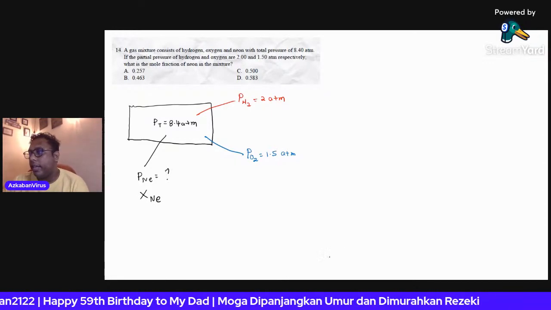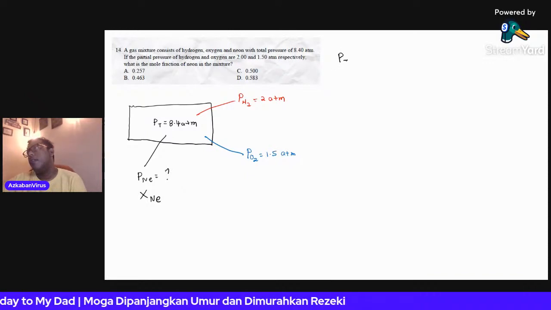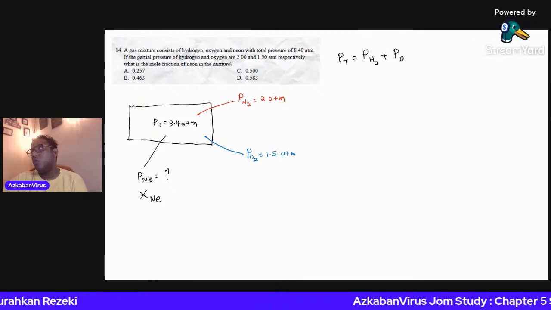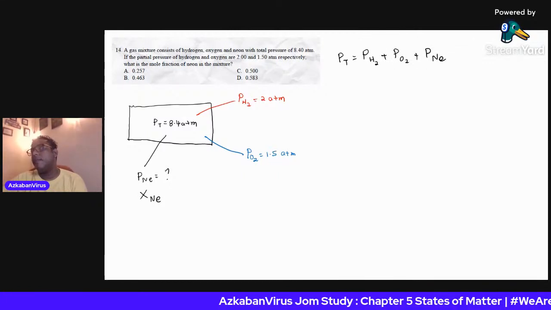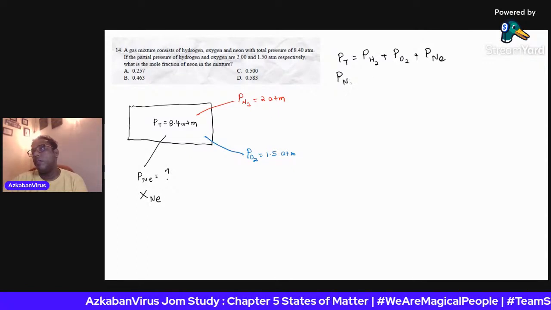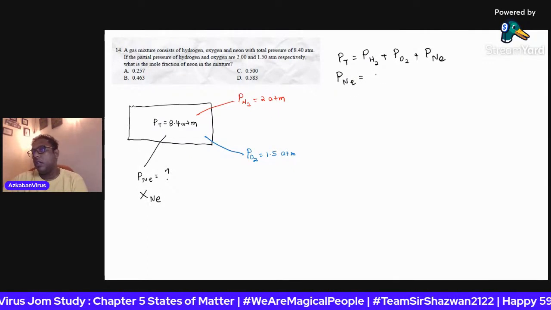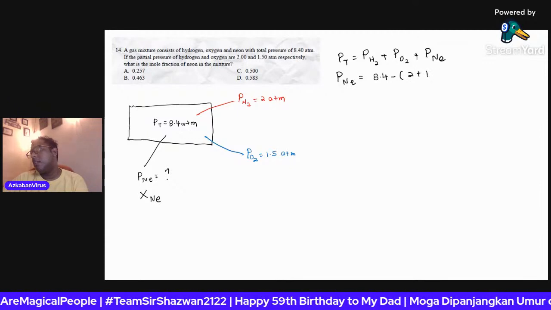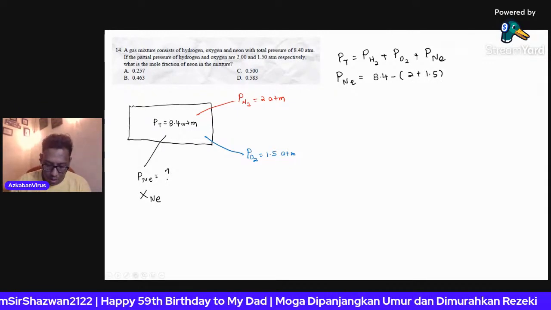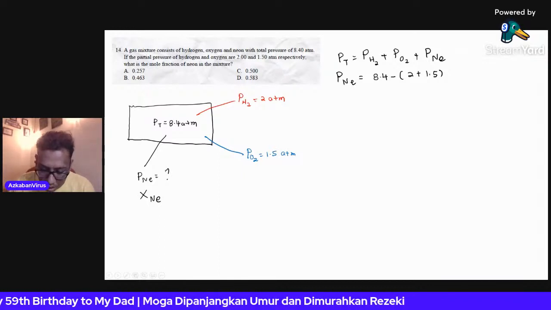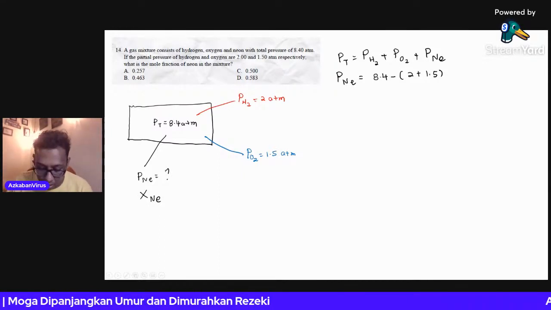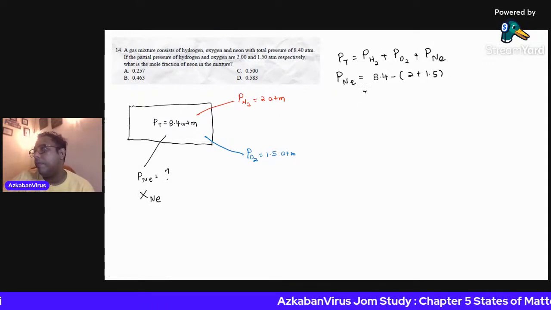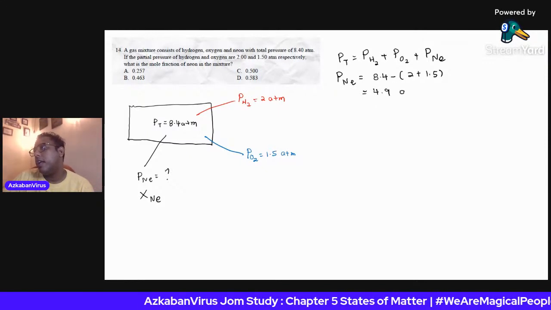Okay. So how to solve this? Kita tahu bahawa P total is equal to pH2 tambah PO2 tambah P neon. So kita boleh cari P neon ni. Ini sama dengan 8.4 tolak 2 tolak 1.5. So this is equal to 4.9 atm.